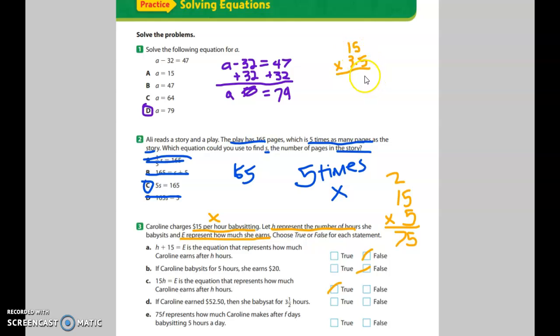So 5 times 5 is 25. Excuse me. 5 times 1 is 5 plus 2 is 7. Put a 0 down here because we're moving into our ones. We were in our tenths column, now we're in our ones. 3 times 5 is 15. Put a 1 up there. 3 times 1 is 3, plus that is 4.